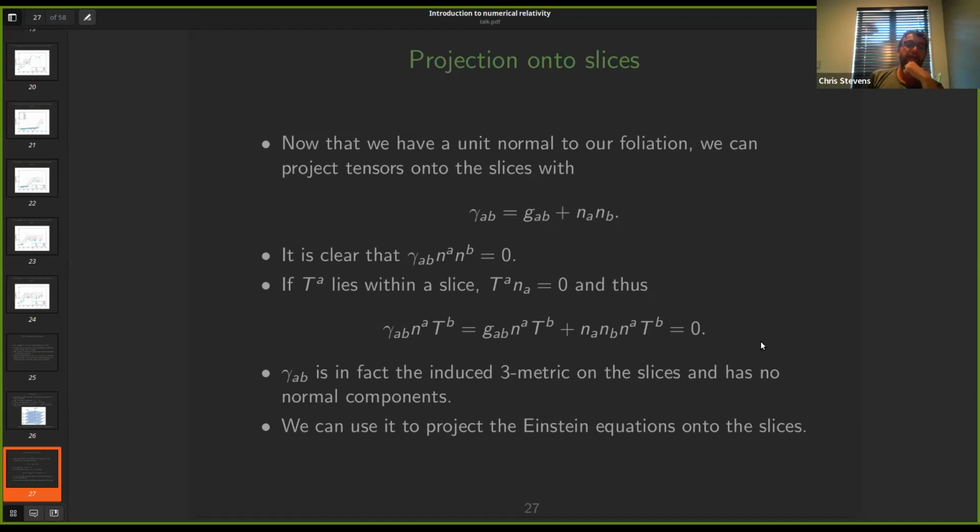So that means that gamma is completely intrinsic to this three-dimensional surface and does not have any components in the normal direction. So this gamma is actually used as a projection operator, that if you contract a four-dimensional tensor with this gamma, you will end up with the parts of that tensor that are intrinsic to the surface.